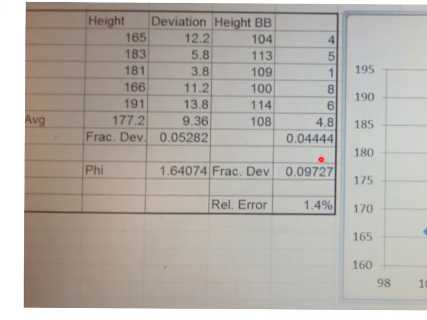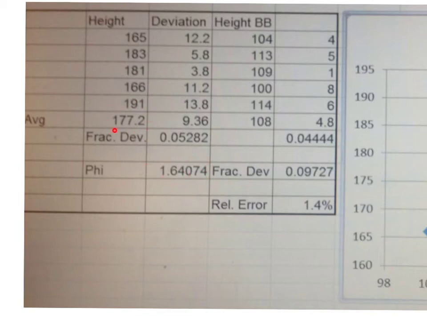And then we have this other number right here, which is our fractional deviation. If we took this number, we added it to this number, that'll give us our fractional deviation, which is down here. Also, if we took our average height and divided it by our average belly button height, that's going to give us our calculated phi. Our calculated phi.